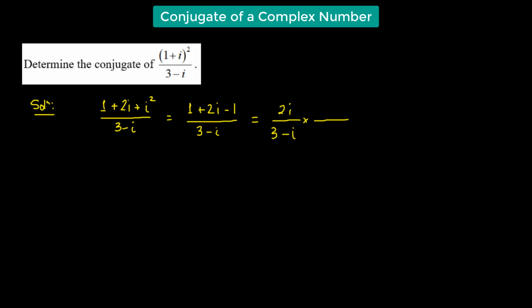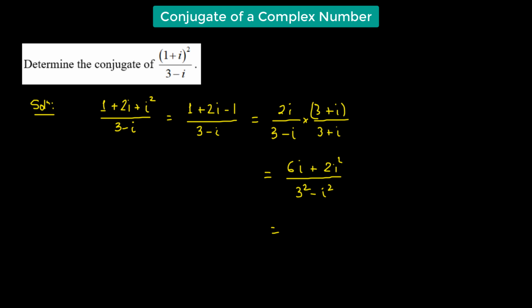Now we take the complex conjugate of the denominator, which is 3 plus i, and we multiply it to both the numerator and the denominator. So that should give us 2i times 3 plus i will be 6i, plus 2i times i will be 2i squared divided by 3 squared minus i squared.